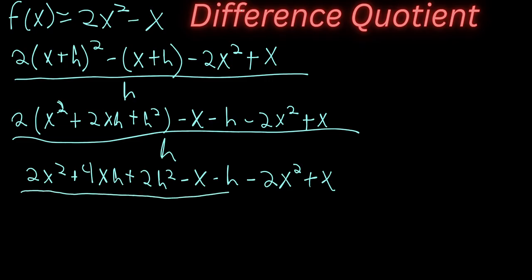All of that divided by h. And now that we've gone through all of that, let's go ahead and cancel out any terms we happen to have. I sure hope they're right.